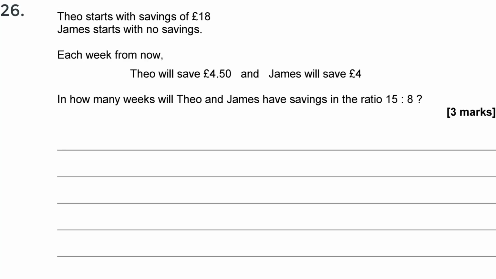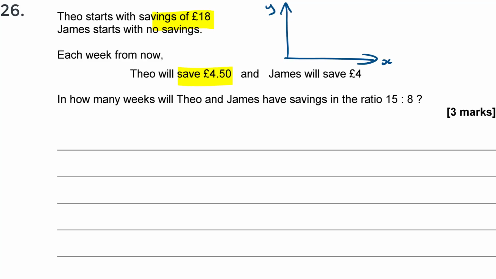Okay. Now, I suppose you could think of this as two linear equations, couldn't you? So Theo starts with savings of £18, and then he saves £4.50. So if we did it like a graph, a y and x graph, then x could be the number of weeks and y can be the total savings.